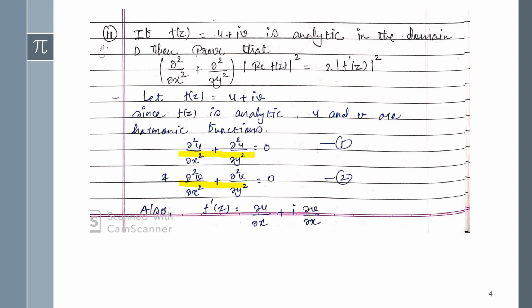For the u we have written uxx plus uyy equals 0, and for the v also vxx plus vyy equals 0. And also we can write f dash z equals del u upon del x plus i del v upon del x, as we were finding in our previous sessions. The formulas for f dash z that we were writing, I have written here, okay.